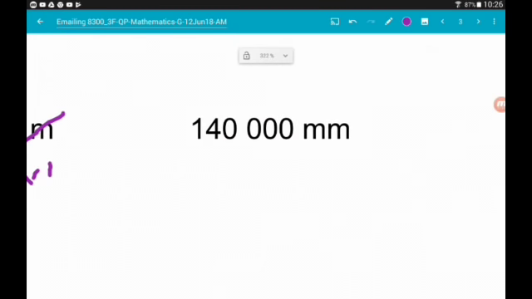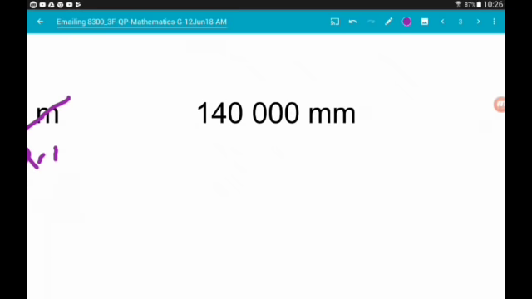And then we've got 140,000 millimetres. There are 10 millimetres in a centimetre, so to first of all turn this into centimetres, we divide by 10. So we get 14,000 centimetres, and then to turn that into metres, we divide by 100.